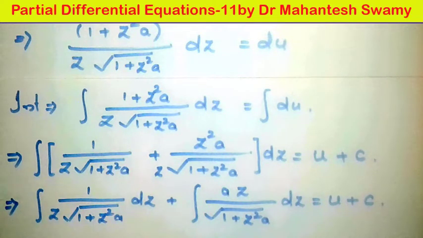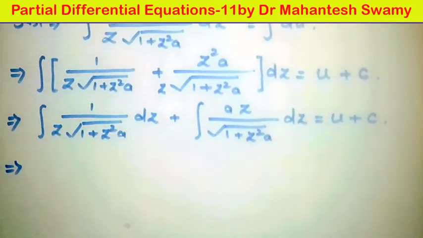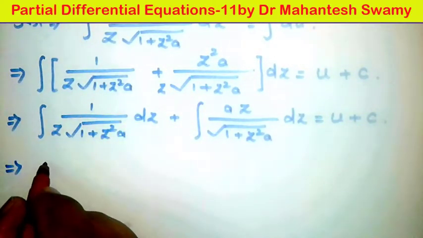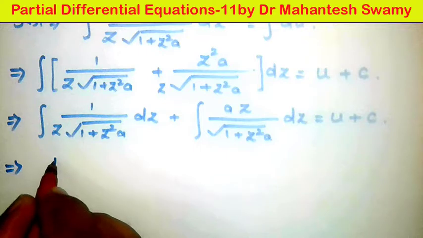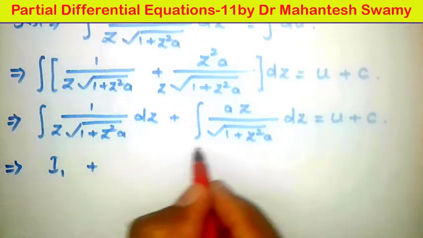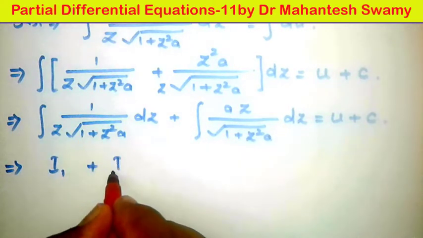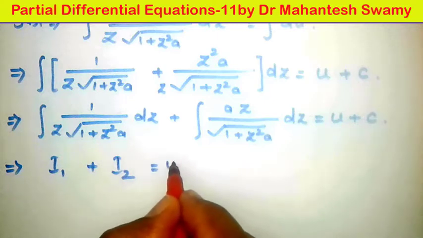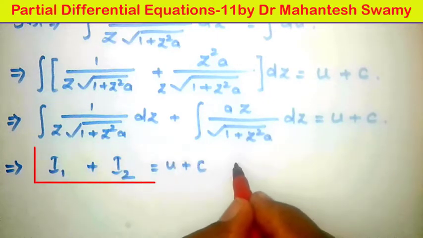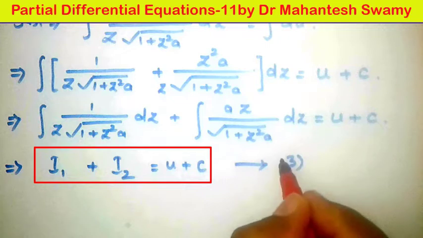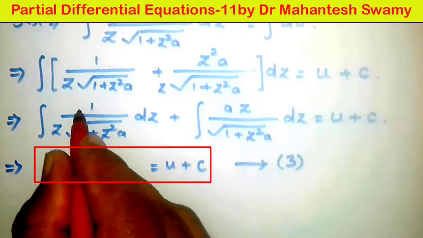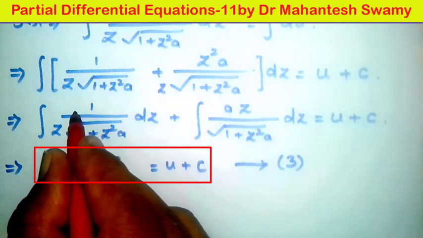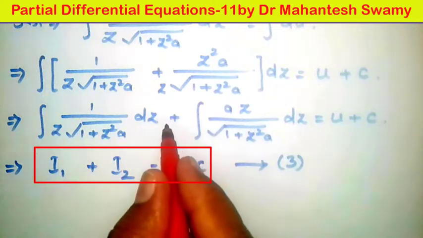And now let us call it as the first integral I1, plus this is the second integral I2, that is equal to u plus c on RHS. Take it as equation number 3. Now our duty here is to evaluate I1, that is the first integral, and I2, that is the second integral.